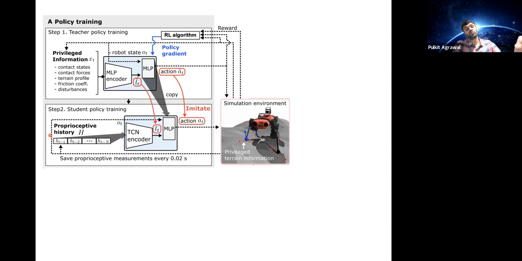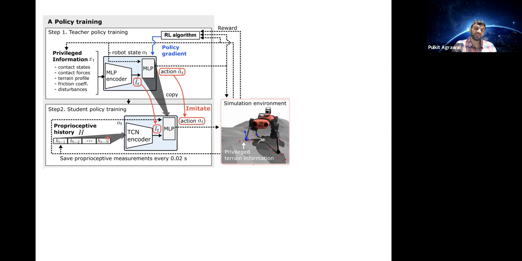For example, if I move my hand, I also know how much I move my hand. So that's part of proprioception. The other thing is you could have force sensors on your feet, or for example on my skin, force sensors which can make me feel touch. So both knowledge of how much you moved plus any kind of force sensing is typically part of proprioception. This is something that we can measure.